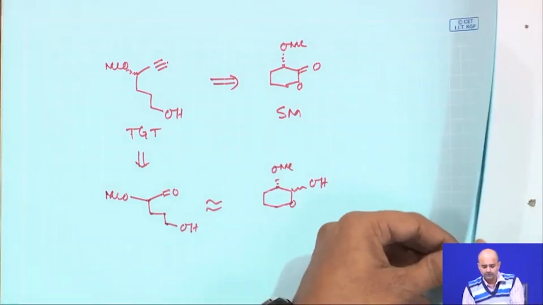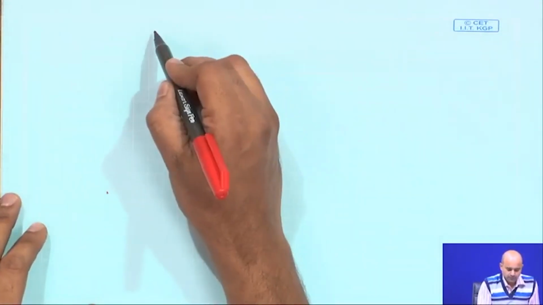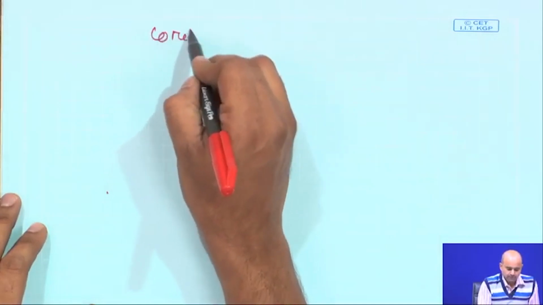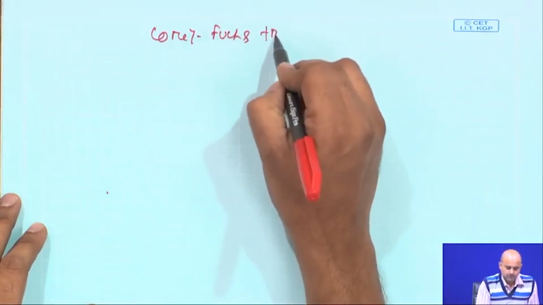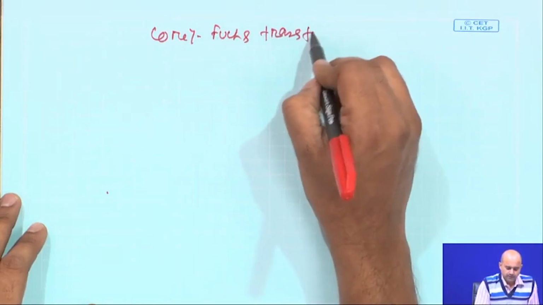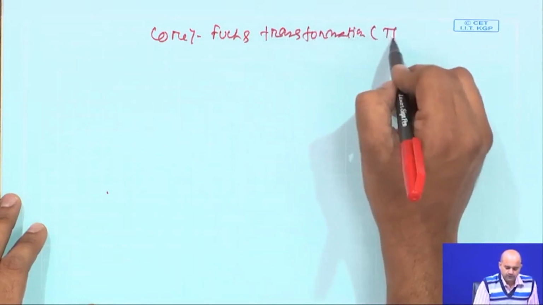Now, for that we will talk about a transformation which I am sure we have not discussed. The transformation is named the Corey-Fuchs transformation. It is a name reaction, and a unique transformation.